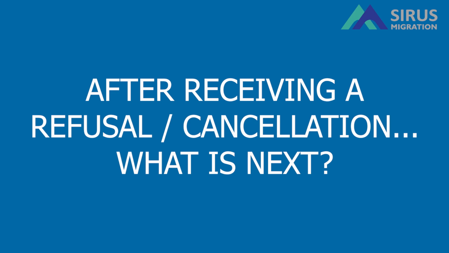So, Willem, I have now received the visa cancellation or a visa refusal. I'm anxious. What are the next steps? Yeah, that's important. The first step is, as we mentioned before, we need to consider the time frame. A visa refusal is 21 days, a visa cancellation is 7 days, so it's a bit of time to play around.